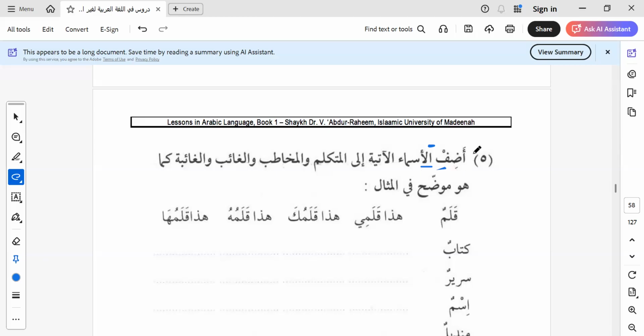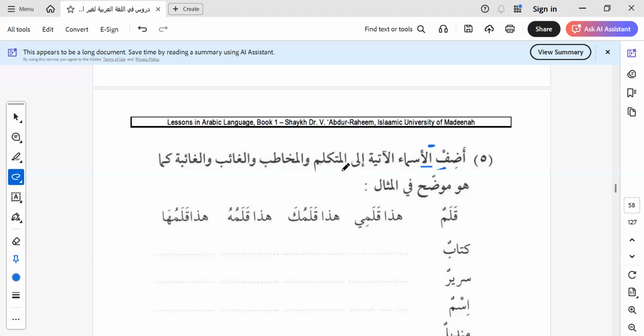Join from مضاف and مضاف إليه. إضافة. Join الأسماء الآتية, the following names. الآتية, coming. The coming names or the following names. إلى المتكلم. You turn it to الضمير المتكلم. You join it to الضمير المتكلم, first person pronoun. والمخاطب, second person pronoun.